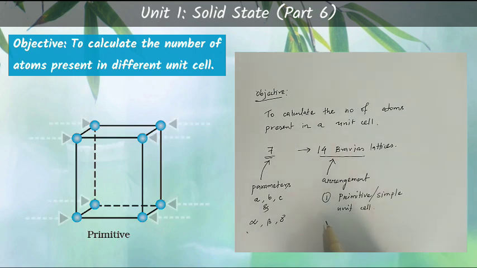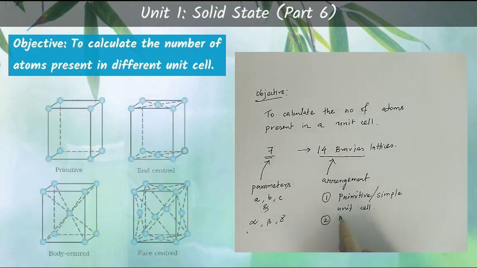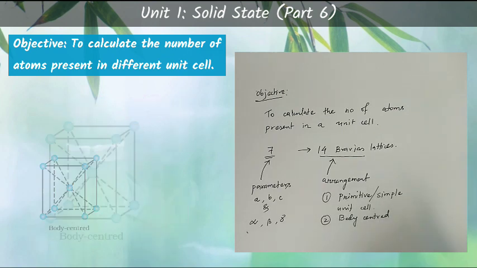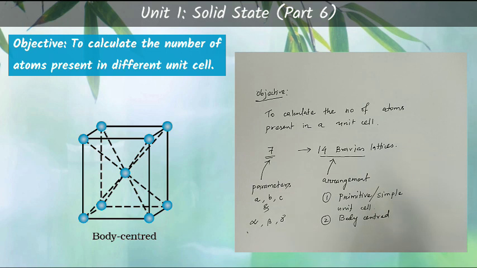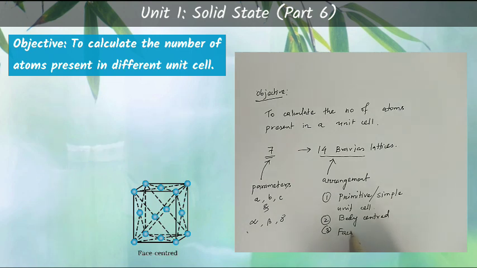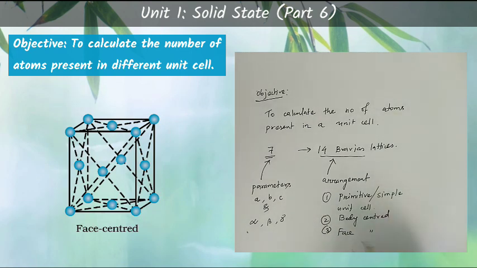We have already discussed this part. Second is the body centered unit cell, where additionally one constituent particle will be present in the center of the body of that unit cell. Third one is face centered, where all 6 faces are occupied by 6 additional constituent particles.